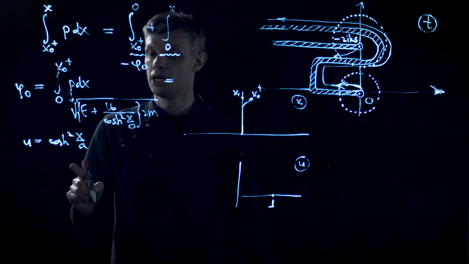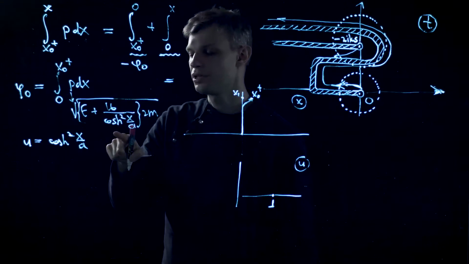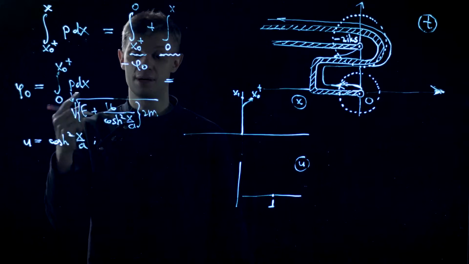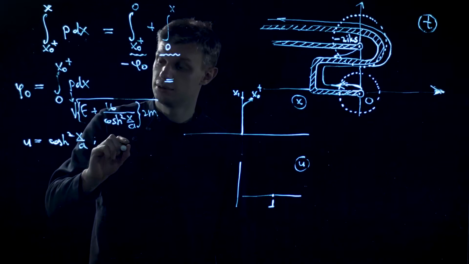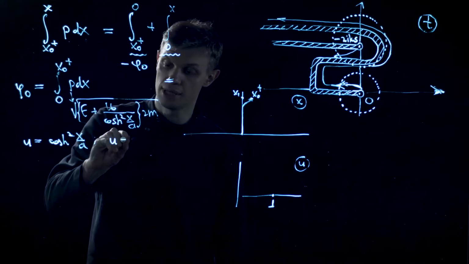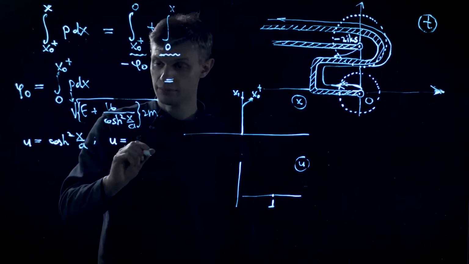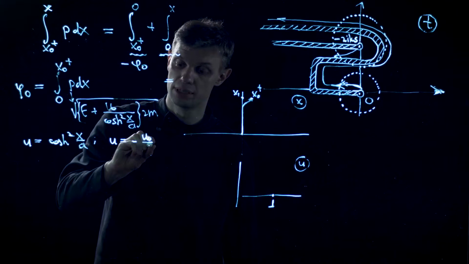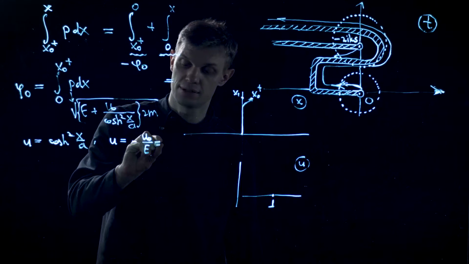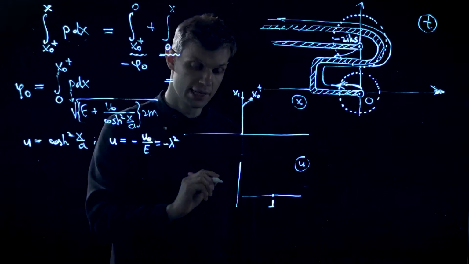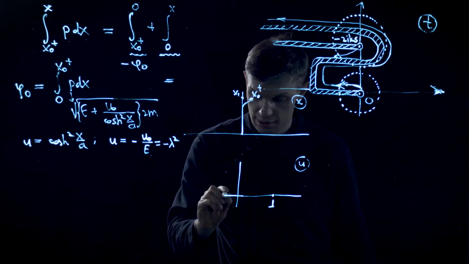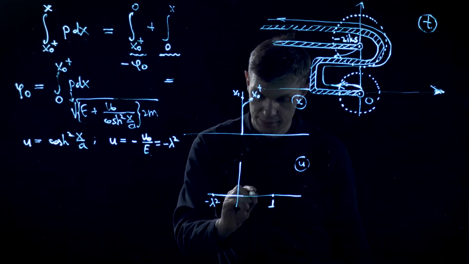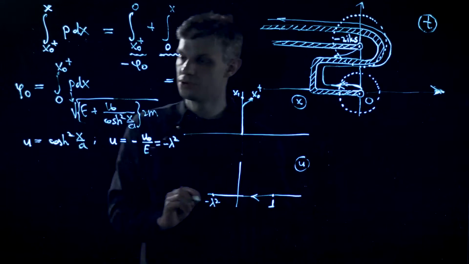to the turning point. But the turning point corresponds to when this square root becomes 0. So u actually equals minus u naught over e. Let's call it minus lambda squared. So this is the new contour.